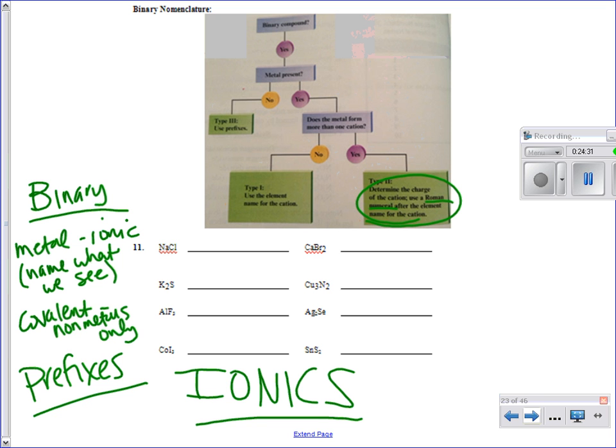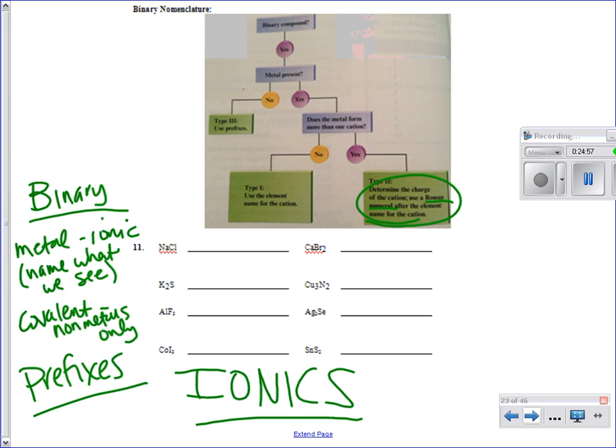Now, there are 3 possible endings for a compound: "ide," "ite," or "ate." If that second ion comes from the periodic table, it's an IDE ending. Where do I get the ite and ate endings from? Polyatomics, okay? So today we're just doing the ides.